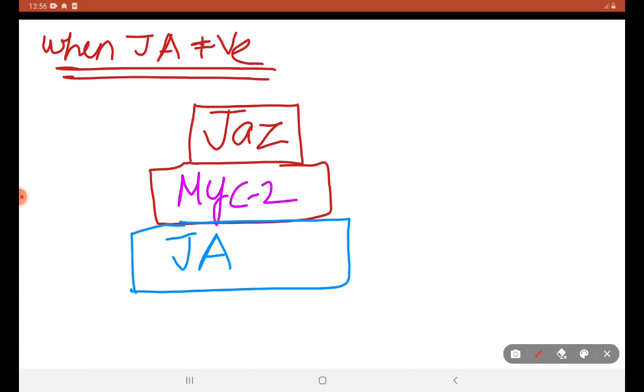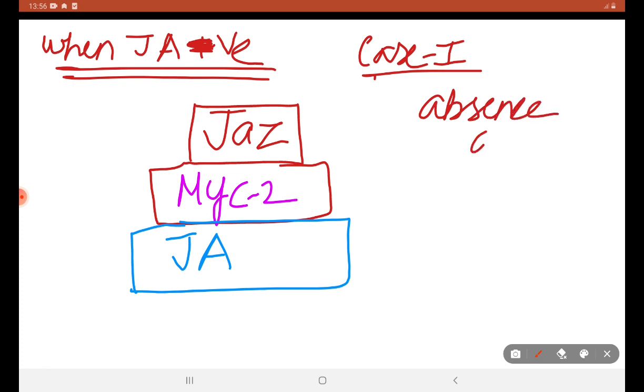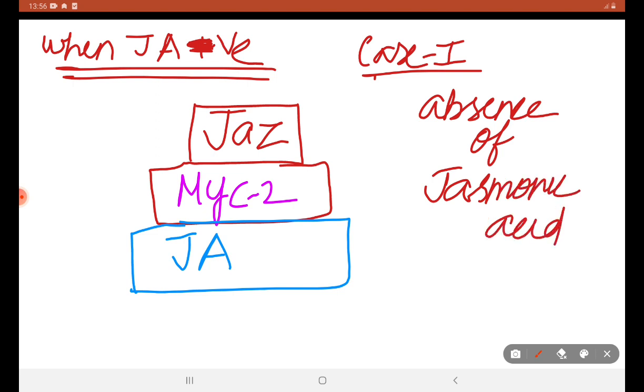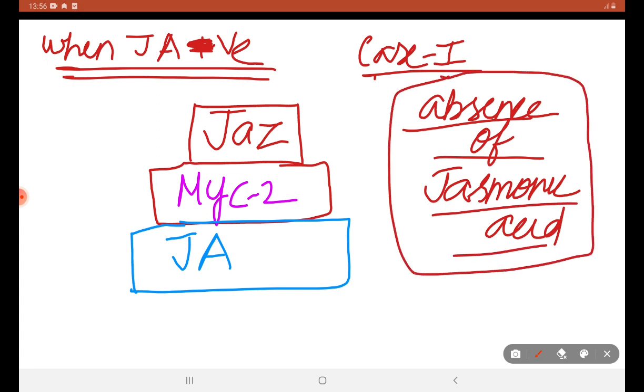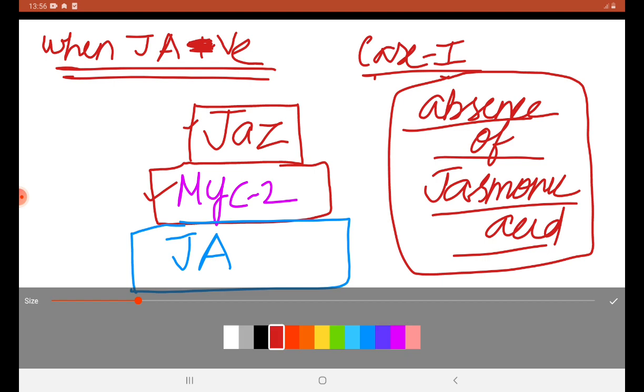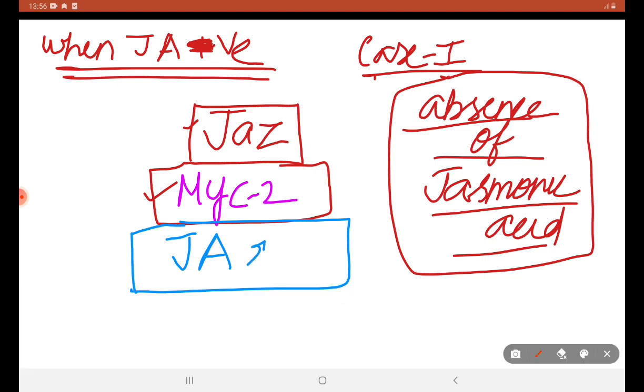Case 1: absence of jasmonic acid. So we are going to see what will happen if jasmonic acid is absent. We have signaling components like JAZ, MYC2 and JA response genes.